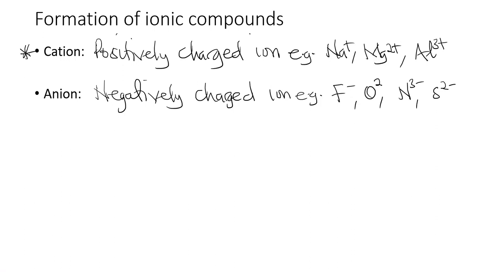In terms of an ionic compound, an ionic compound is a combination of a cation and an anion.